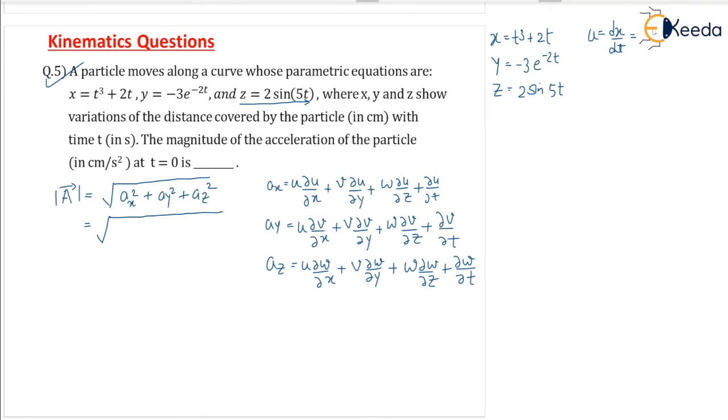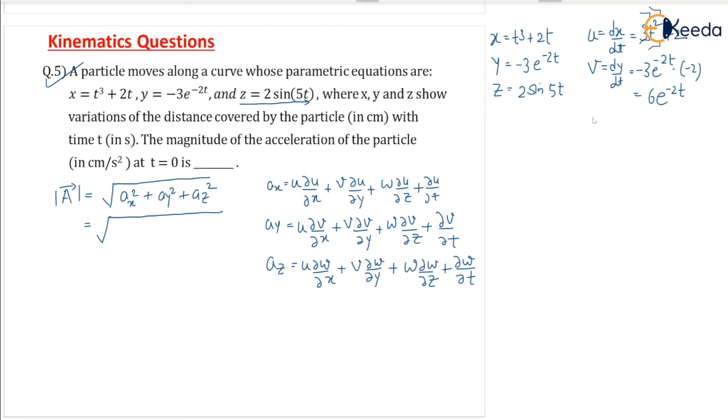So dx by dt is, differentiate this with respect to t, 3t square plus 2. And then your v is equal to dy by dt. So it will come minus 3 e to the power minus 2t into the coefficient minus 2. That will give you altogether 6 e to the power of minus 2t.